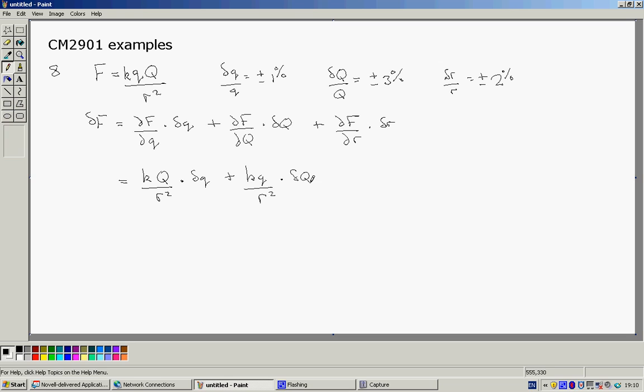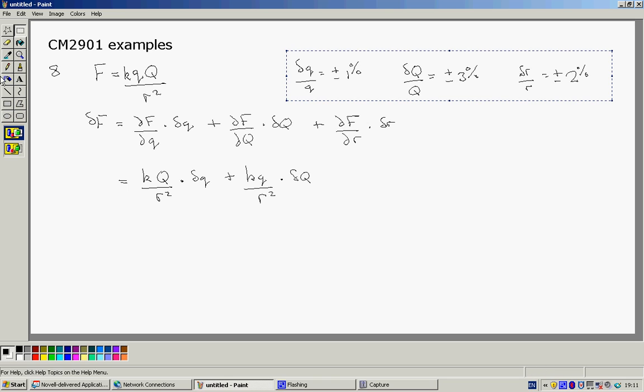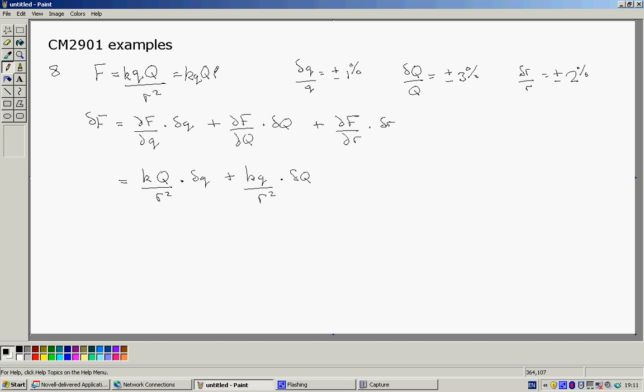And lastly, partial df by dr. Here we're better to think of f as being equal to k small q large Q times r to the power minus 2, which is the same as 1 upon r squared.